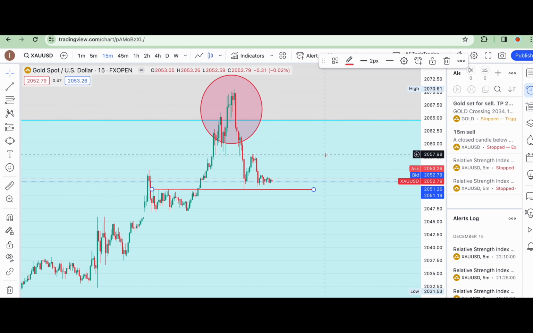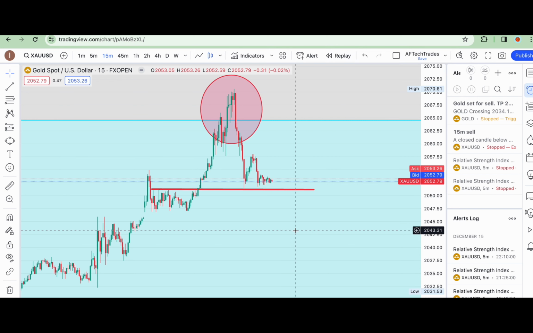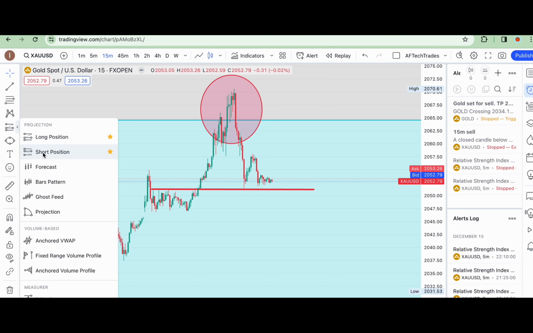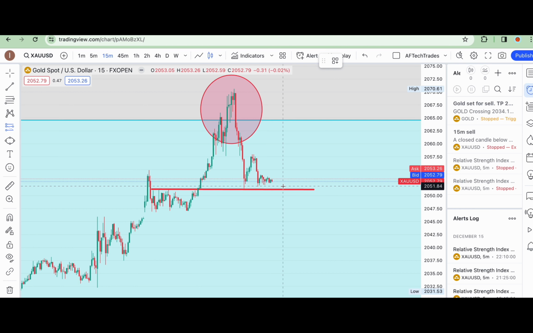Let me put it as red, mark it bigger. So I will wait for a close below this line to take my trade. Using this, if I'm taking my trade here, I want to make it as tight as possible. I'm going to take a short trade here.